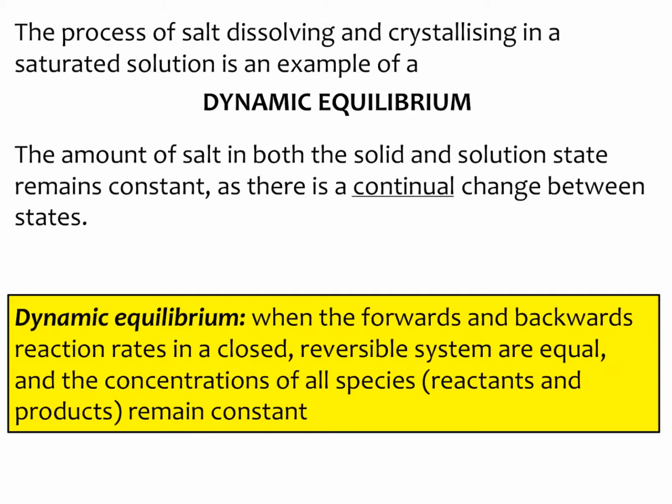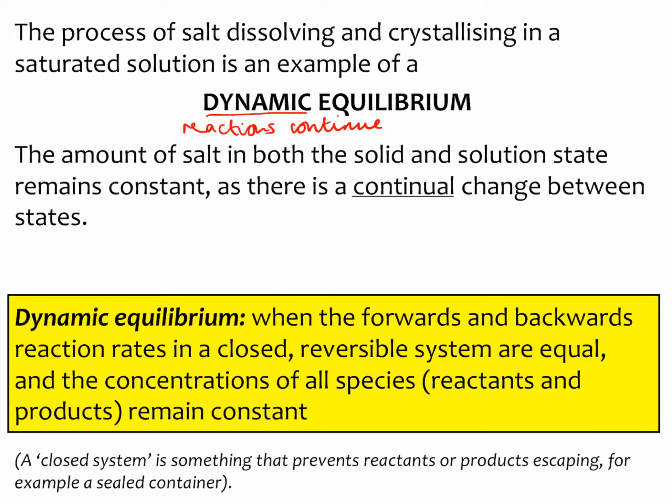Now the dynamic part specifically refers to the fact that the reactions are continuing. That's not part of the definition, but it's implying that this is a system that is continuing to react in both forwards and backwards reactions. It's not stopped. Now also just to point out, a closed system is something that prevents reactants or products escaping, for example a sealed container.